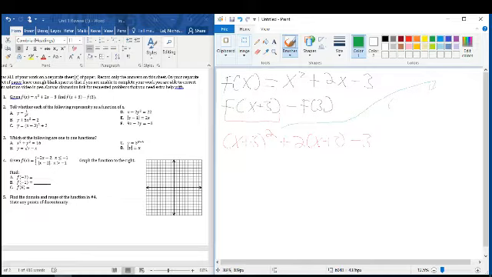X plus 3 squared is x plus 3 times x plus 3, which becomes x squared plus 3x plus 3x plus 9, and 3x plus 3x becomes x squared plus 6x plus 9. So x plus 3 squared becomes x squared plus 6x plus 9, plus 2x plus 6 minus 3.